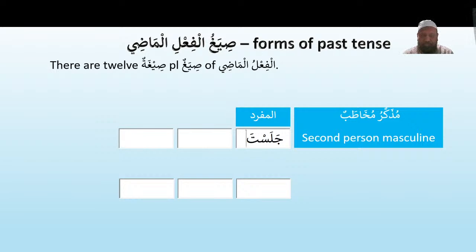Jalasta. المفرد. مثنى. Again, we need to add the alif to make it muthanna. So before that, we need to add the ta, isn't it? To show it is mukhatab. This is the ta, and this ta will be dhamma.